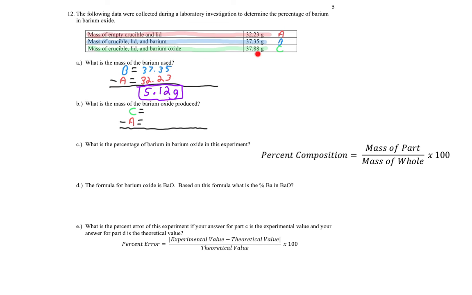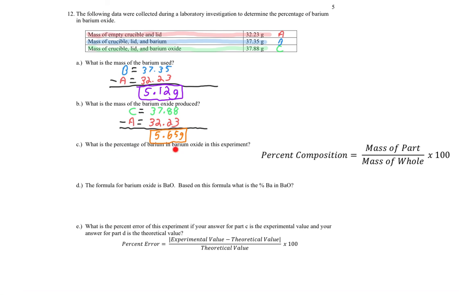So I take the 37.88 grams of the crucible, lid, and barium oxide, and I subtract the 32.23 grams of just the crucible and lid, and that leaves me with 5.65 grams of barium oxide.